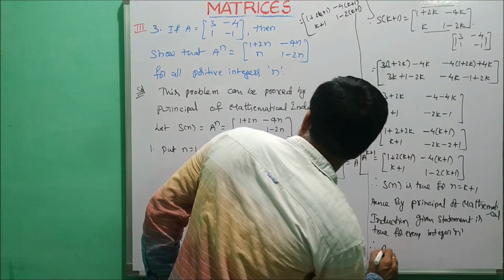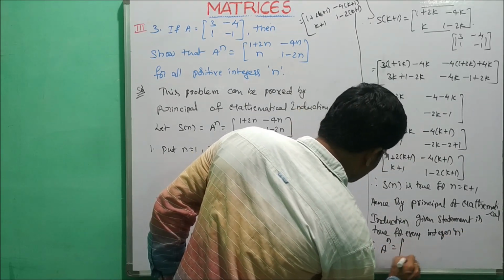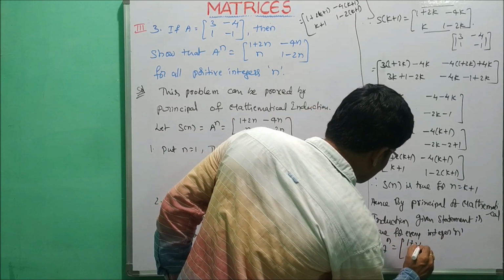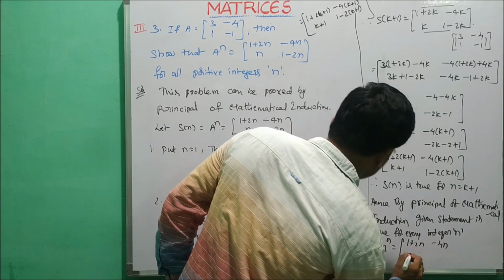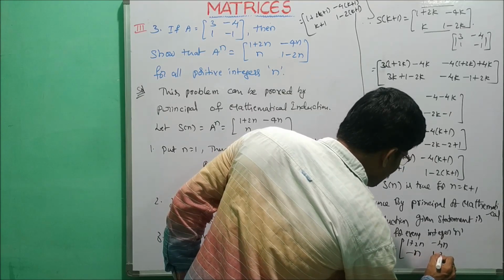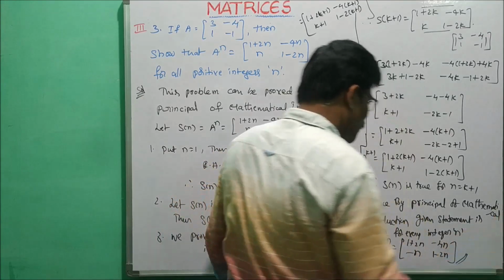Therefore, a power n equals 1 plus 2n, minus 4n, n, 1 minus 2n. So this is the solution for this question.